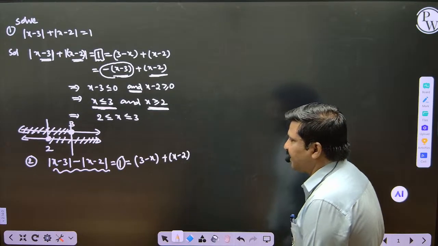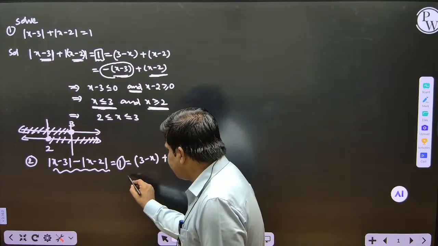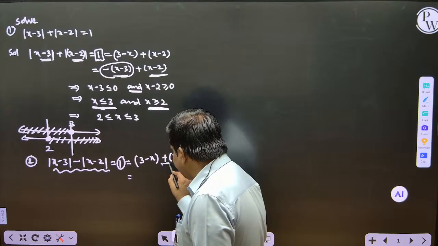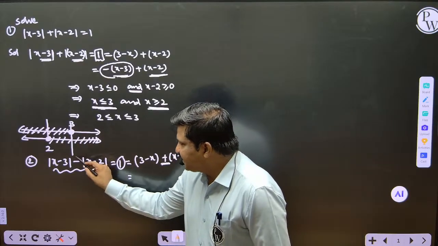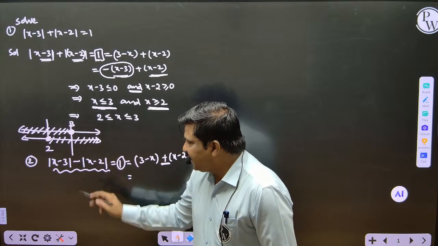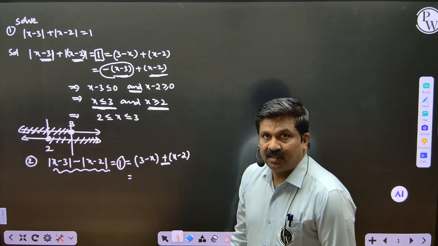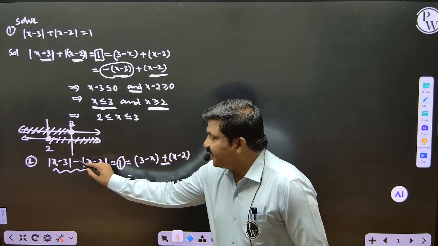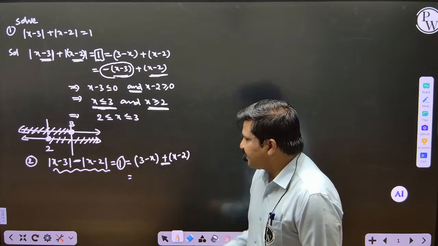But this must be written as a difference or not. In between which sign is there here? Minus sign is there. That's why here also we need a minus sign.